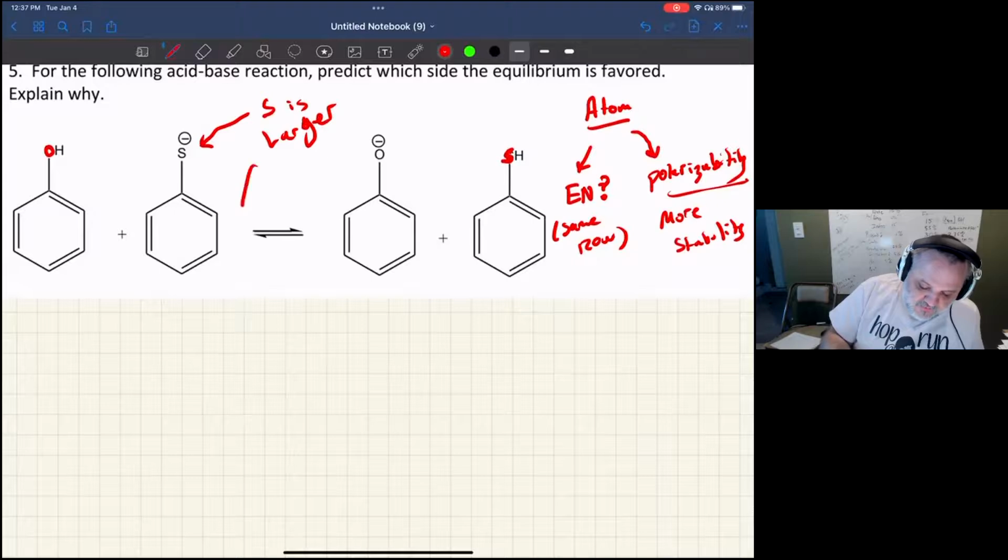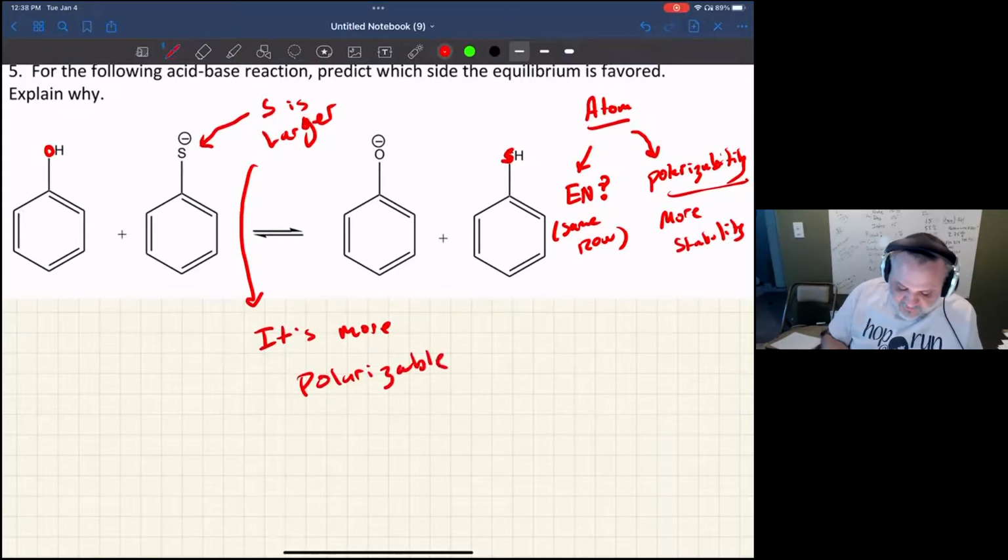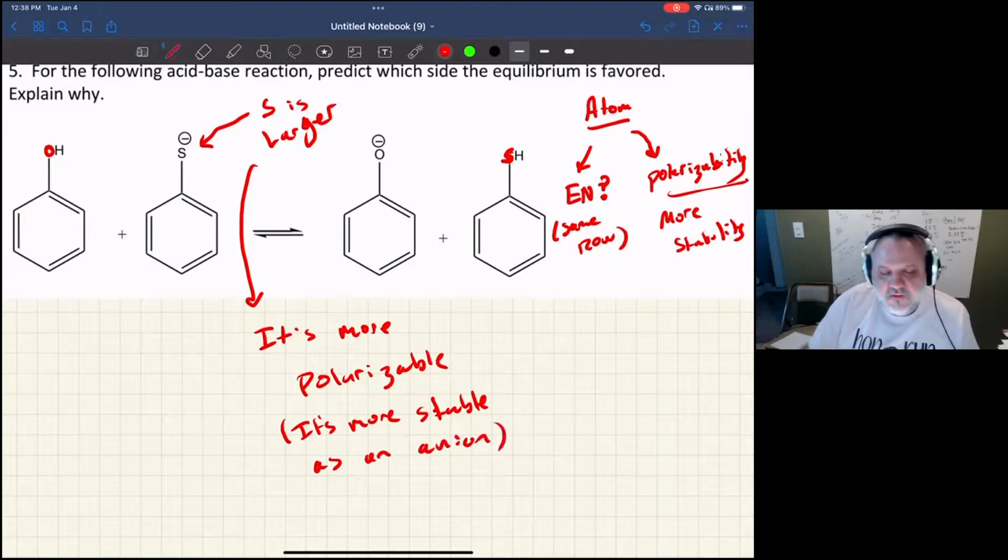Because sulfur is larger than oxygen, it's more polarizable. And what that means is that it's more stable as an anion than an oxygen anion because it's larger and more polarizable.